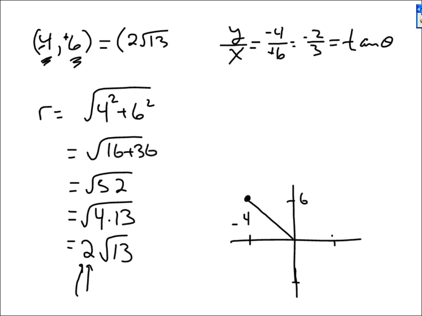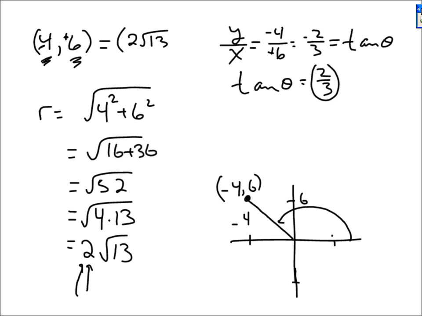So my job is to figure out what that angle is. Well, I'm just going to find the tan. I'm going to solve this equation. Notice I didn't put the negative. So theta will be the arctangent of 2/3.